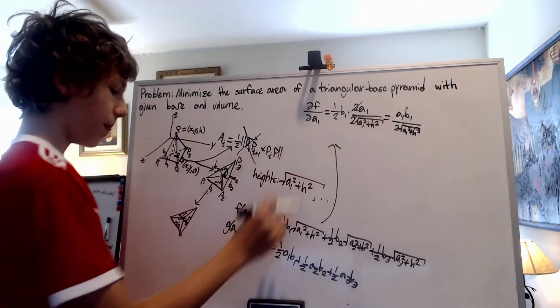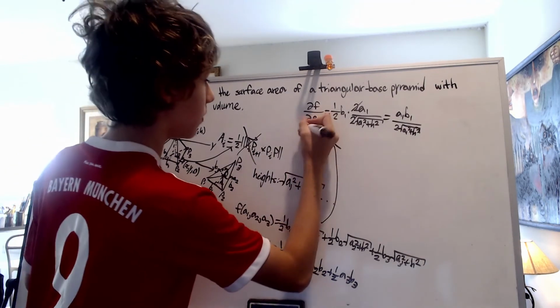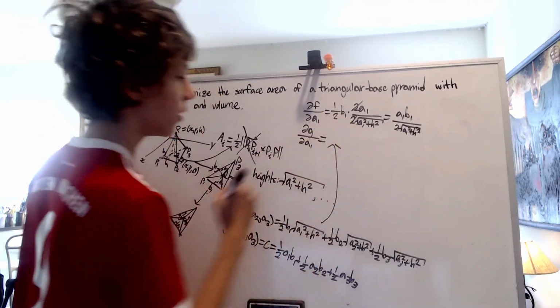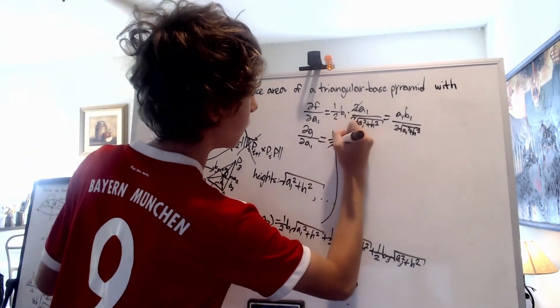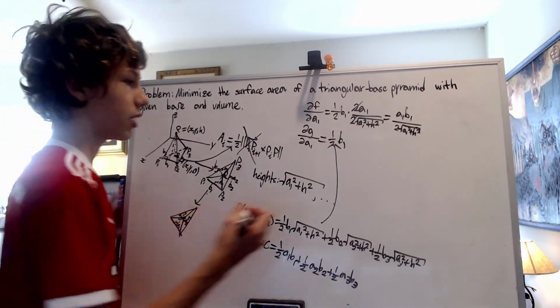Okay, so now, again, the rest follow from that for f, and we have that the partial derivative of g with respect to a1 is equal to, well, that's much easier. It's just 1/2 b1. So now let's set these equal and involve the Lagrange multiplier.